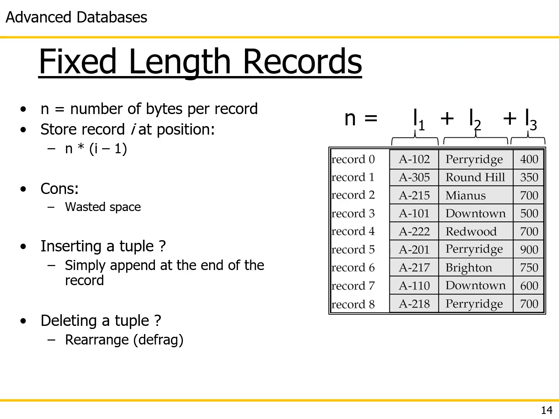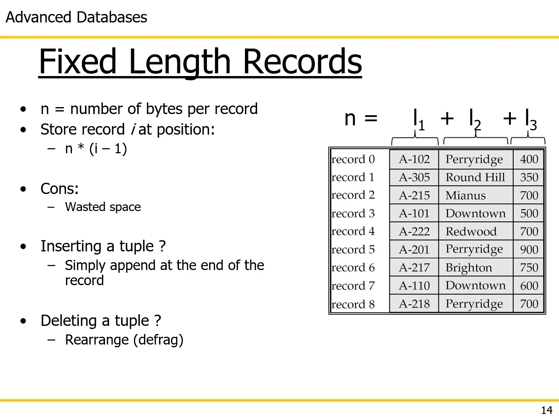By the way, in these lecture slides and in the textbook, the historical name for tuple, because tuple appeared later on, was a record. So it was not called a tuple, it was called a record. And every one of the values like A-102 or Perry-Ridge or 400 was called a field. I believe when you study database 1, the new terminology is the row is described as the tuple, and what's inside the row are called records.